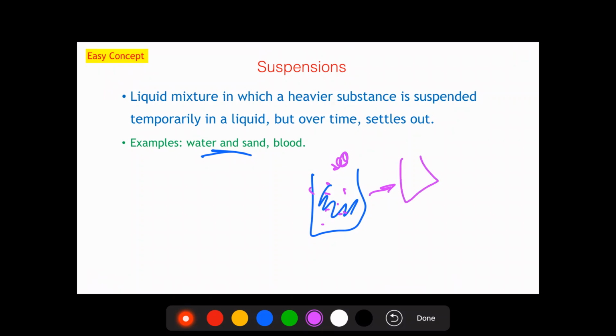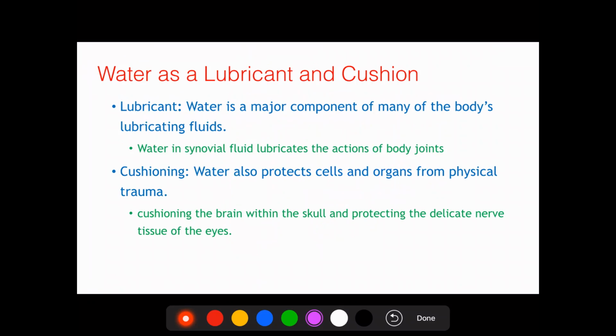Once you stop, the sand will go to the bottom directly, right? So this is a suspension. Blood, for example, is a suspension. If you take a cup of blood and leave it for 1 day, you will see it's precipitated. There are things settled down. So blood is a suspension.